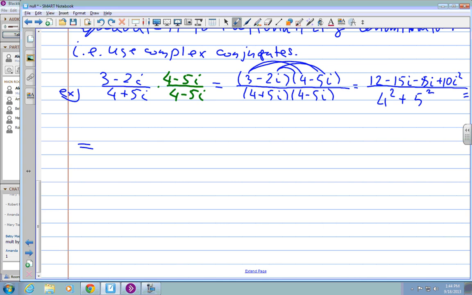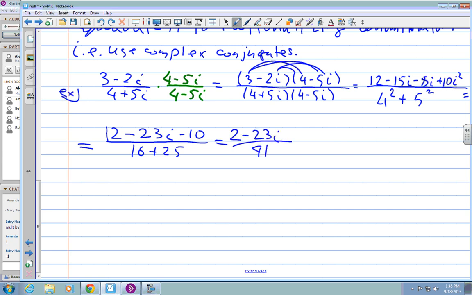So, in the numerator, we have 12 minus 23i. Now, what is i squared equal to? Negative 1. So positive 10 will turn negative 10, while in the denominator, it's 16 plus 25. And finally, when you combine like terms, you get 2 minus 23i over 41.